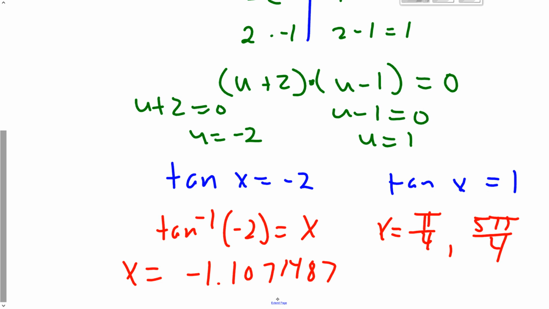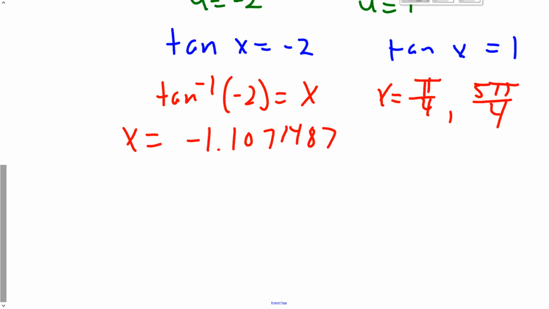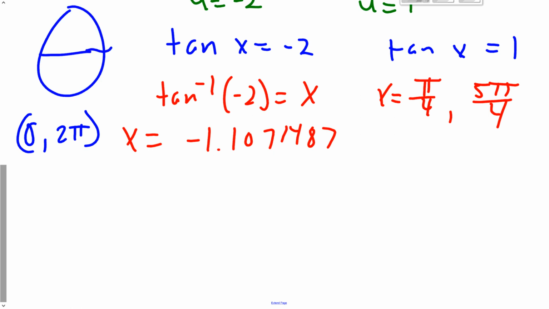And then here, since we're in radians, we can't have an answer between 0 and 2 pi of negative 1 point something. And what I said before, if I get an answer which is negative, that means we're down somewhere right here. And remember, 180 degrees away, or a pi away, is the same answer. So if I get an answer of, say, negative 2 here, I would also have an answer right here of negative 2.